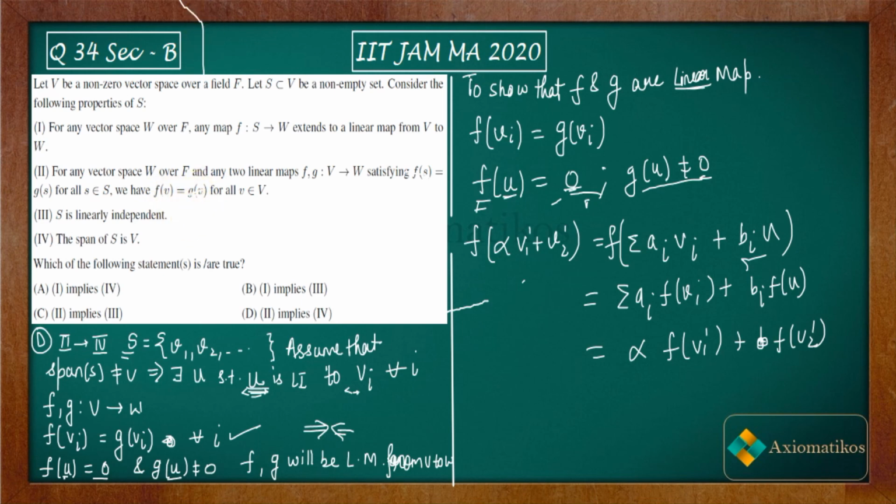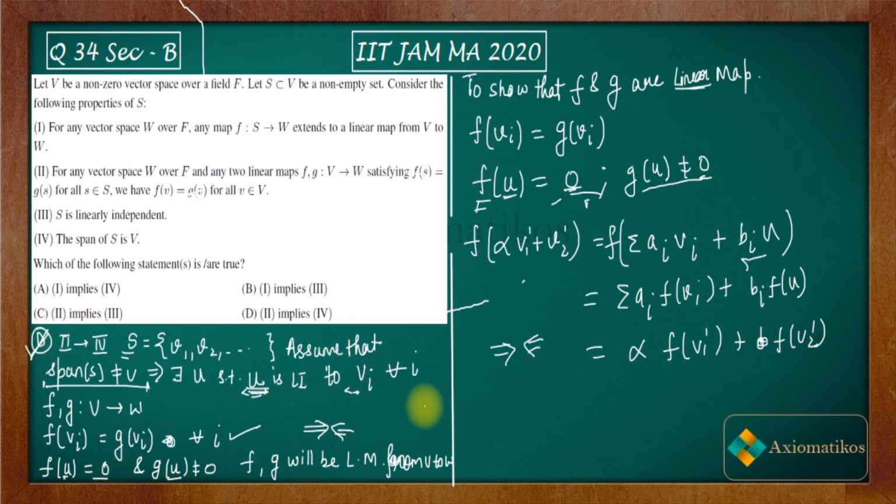So from here we get a contradiction. That is why our assumption was wrong. Span of S has to be V, because otherwise F will not be equal to G on the vector space V. So this option is true.